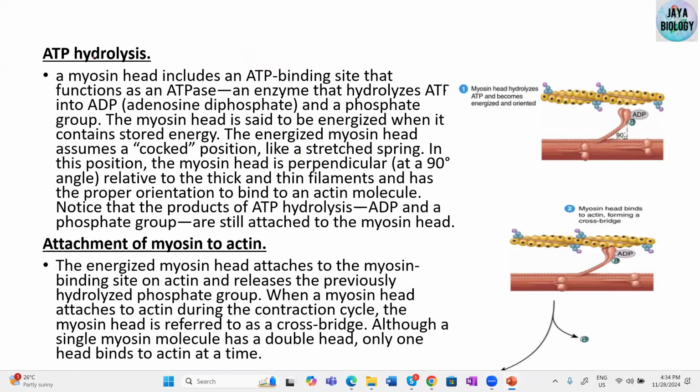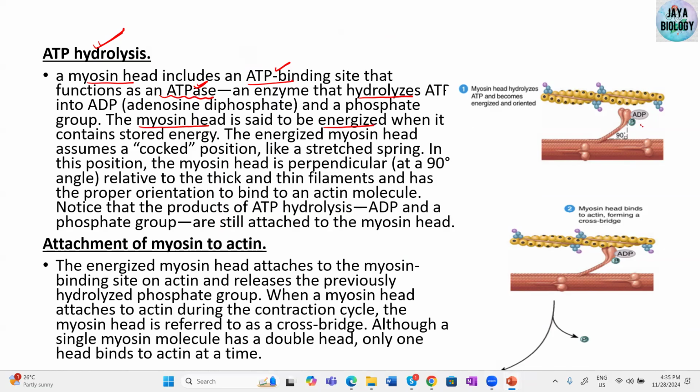Now let us study the steps involved in muscle contraction. First of all, ATP hydrolysis will be done. We already studied this in the previous videos; you can check the contractile protein video. The myosin head has an ATP binding site and it also functions as an ATPase, meaning an enzyme which will hydrolyze ATP. After hydrolysis of ATP, we say the myosin head is energized.